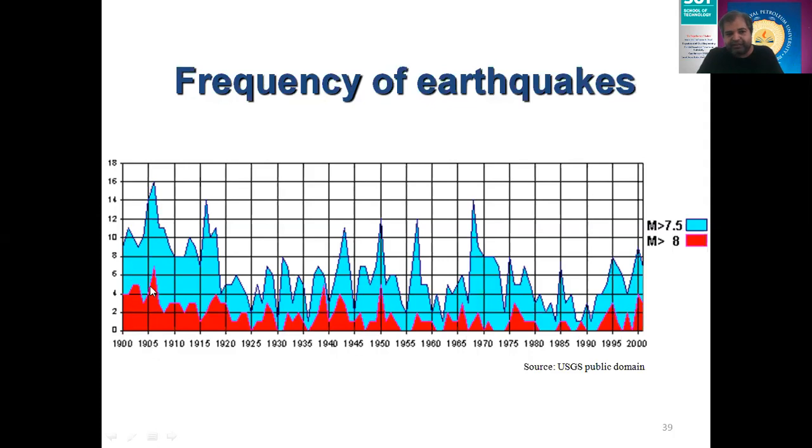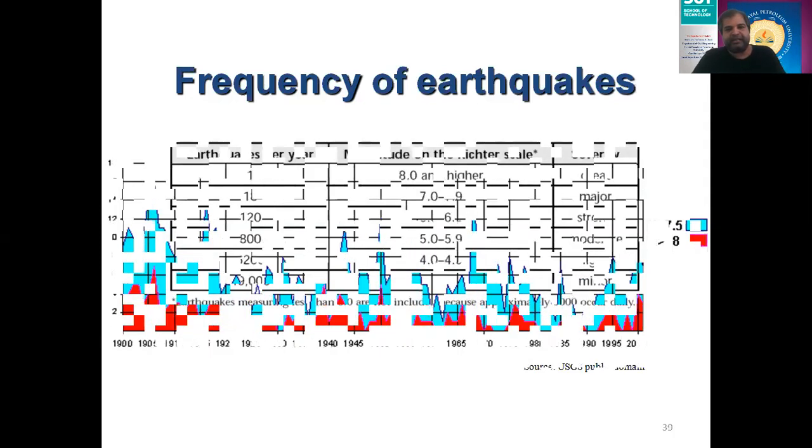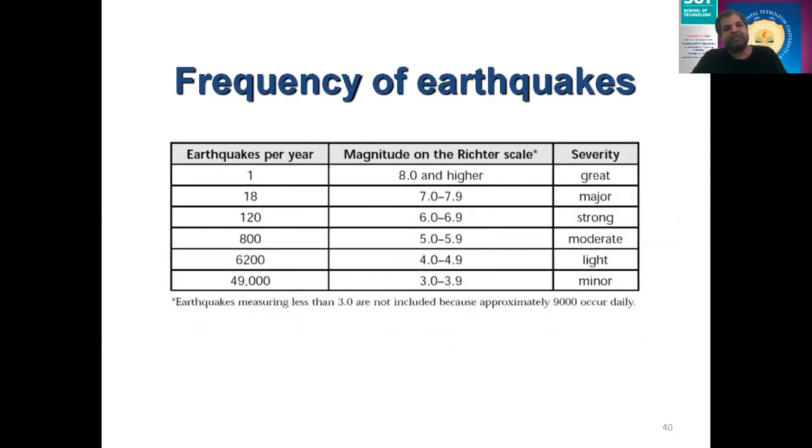Similarly, in 1905, only 4 earthquakes happened, but 14 earthquakes of magnitude 7.5 happened. So by lowering the magnitude by just 0.5, the number of earthquakes becomes almost 2 to 2.5 times higher, right? That is what the statistics show.